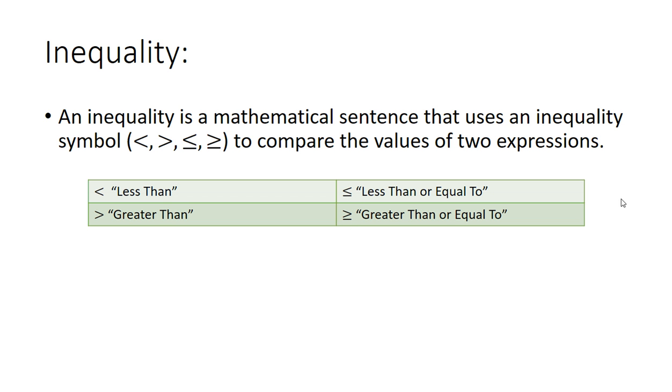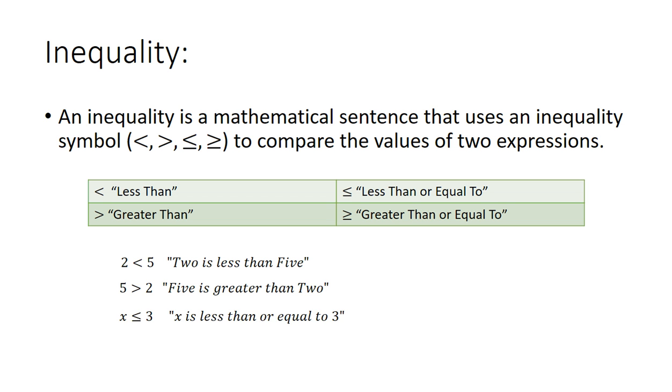So let's look at the inequalities as an example. Here we have 2 is less than 5, so that's how you would represent it using an inequality and in words. 5 is greater than 2, so that's how you would represent it using an inequality and in words. X is less than or equal to 3.